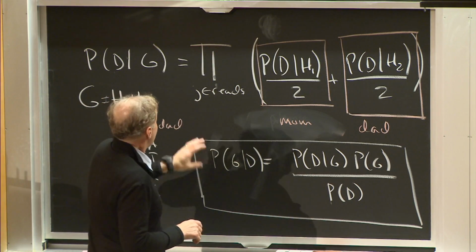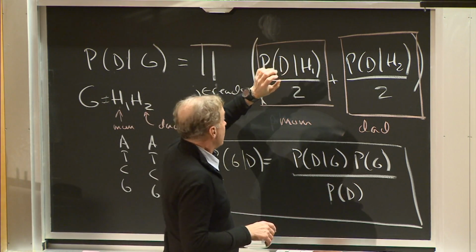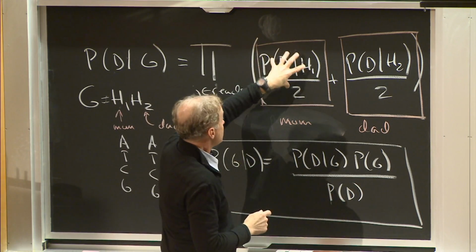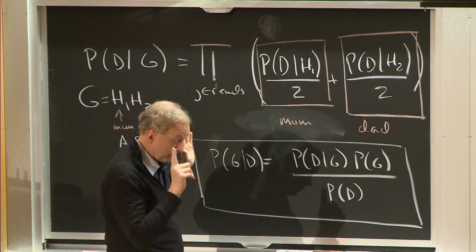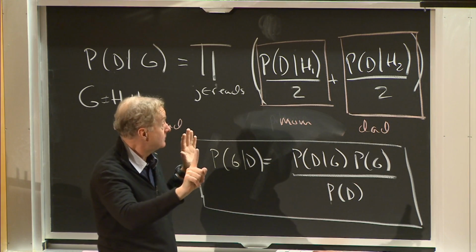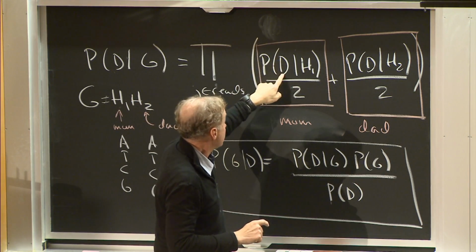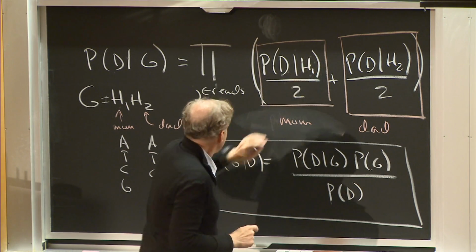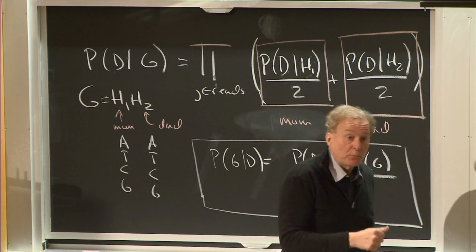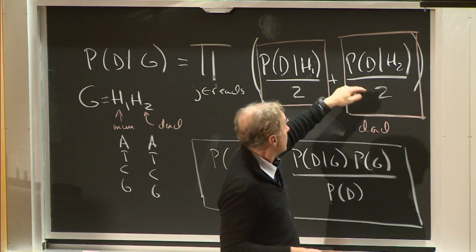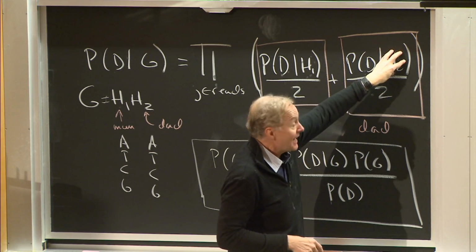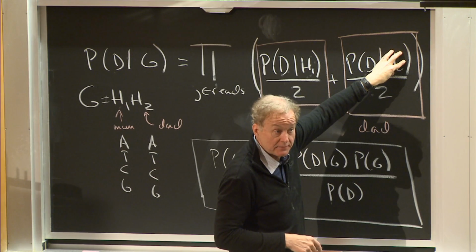So what's the chance that we inherited something from a particular base from mom? It's this base over a particular read. What's the chance a particular read came from mom's chromosome? It's 1/2 times the probability of the data given the base that we see. And once again, since it's going to be a coin flip whether the read came from mom or dad's chromosome, it's divided by 2, the probability of the data that we see with dad's version of that particular base.